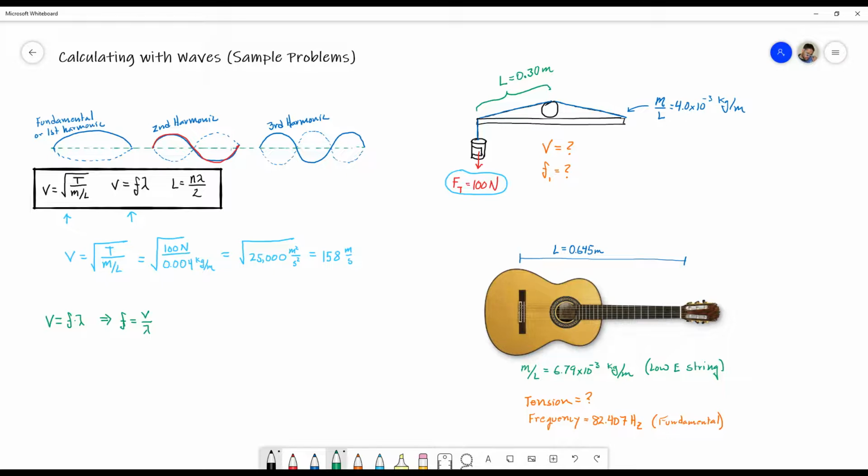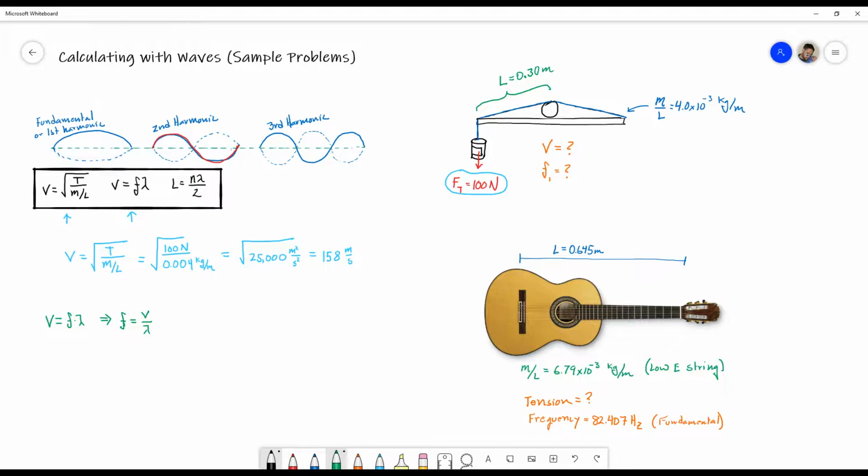I know what my velocity is now because I just got it from above, but I do have to figure out what this wavelength is. And you might be tempted to say, well, the length of the string is 0.3 meters, up here at the top, so that must be the wavelength. But it's not. Remember that the fundamental, or the first harmonic, is really only half of a wavelength.